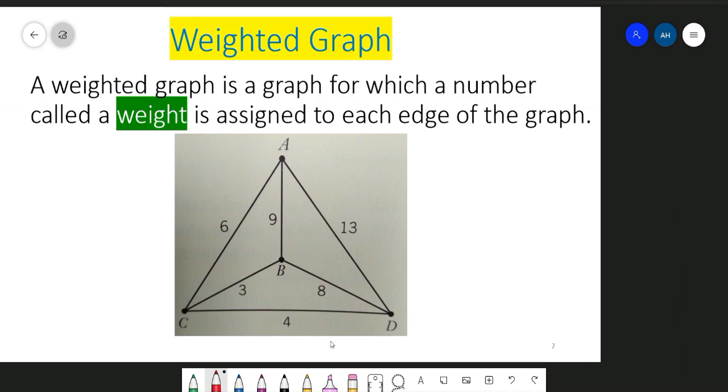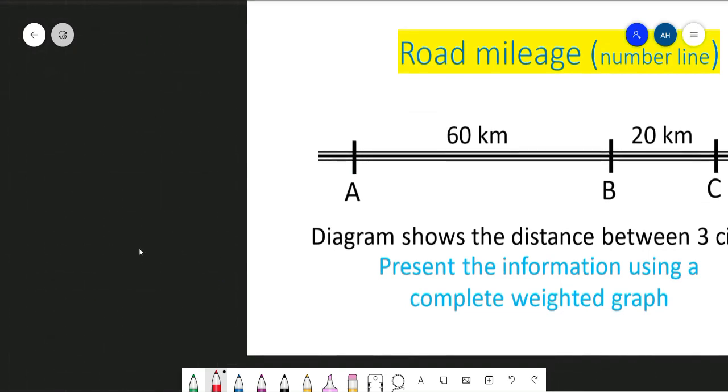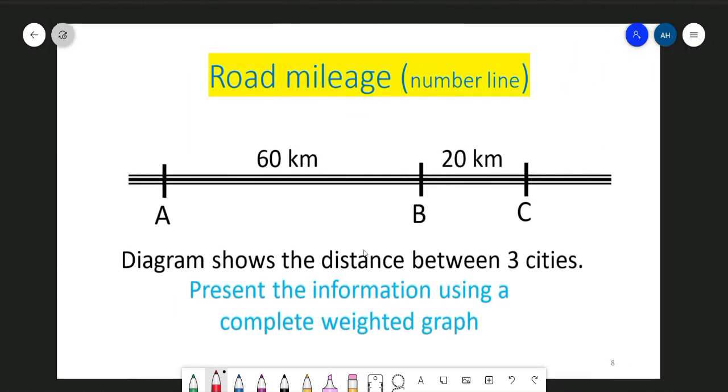Therefore, this graph is a complete weighted graph. So what we are going to do for this problem is to have a complete weighted graph to represent this situation.